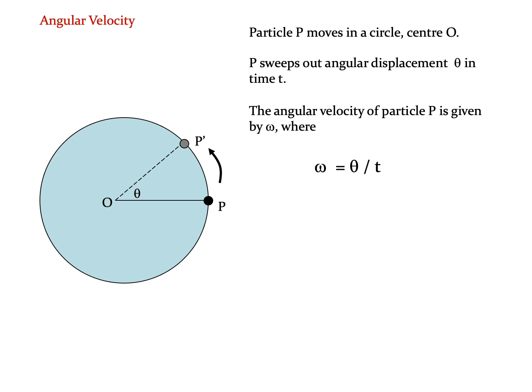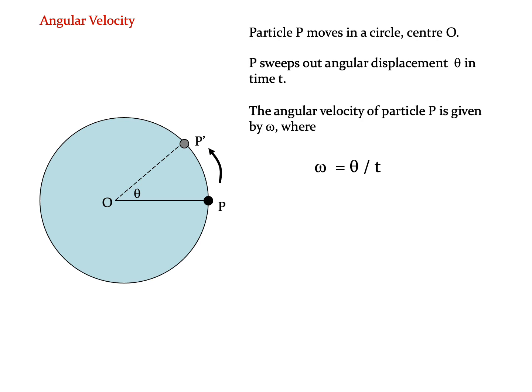Compare that with the definition of linear velocity, which is the displacement s divided by the time taken, t. It's very similar. So omega, angular velocity, is theta over t, the angle swept out divided by the time taken to sweep out the angle. That would be regarded as an average angular velocity.